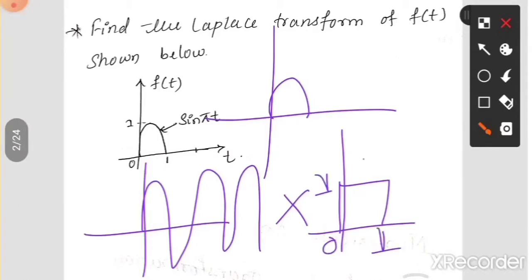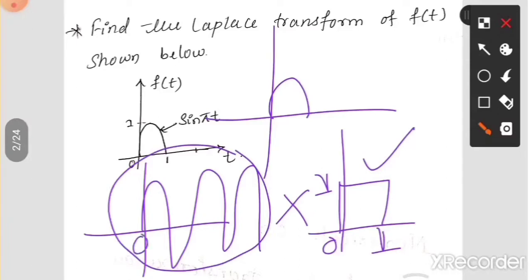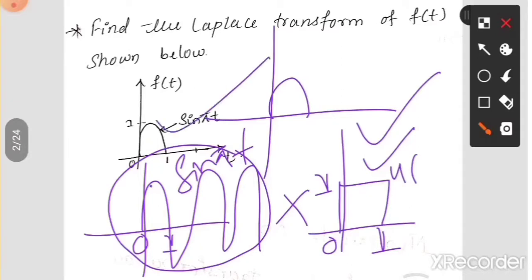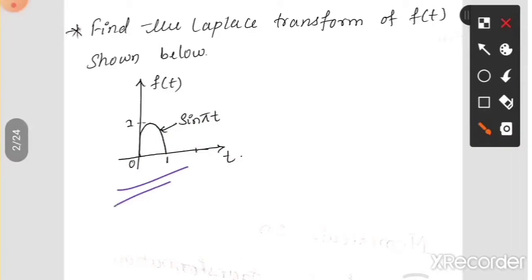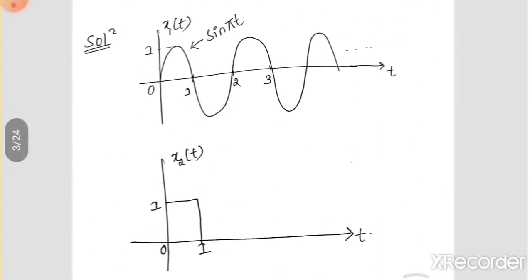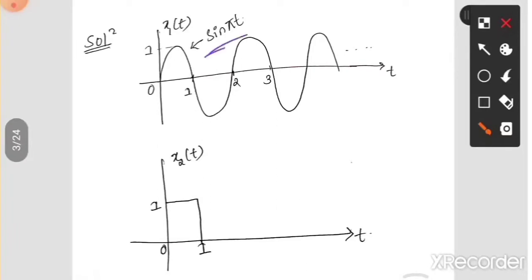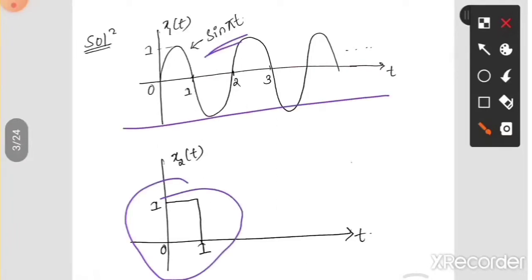If you multiply this pulse with this sinusoidal signal, we get the required signal, that is this one. So we'll multiply this sine omega t signal with this pulse. The task is to calculate this pulse signal.